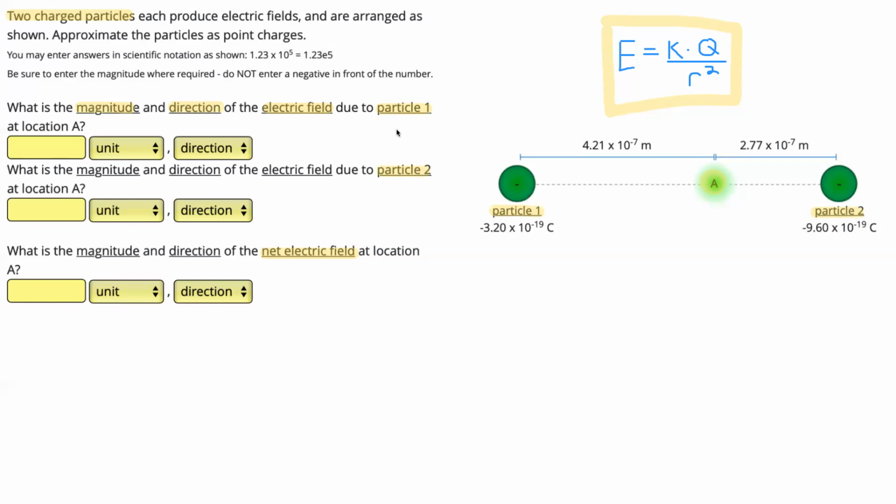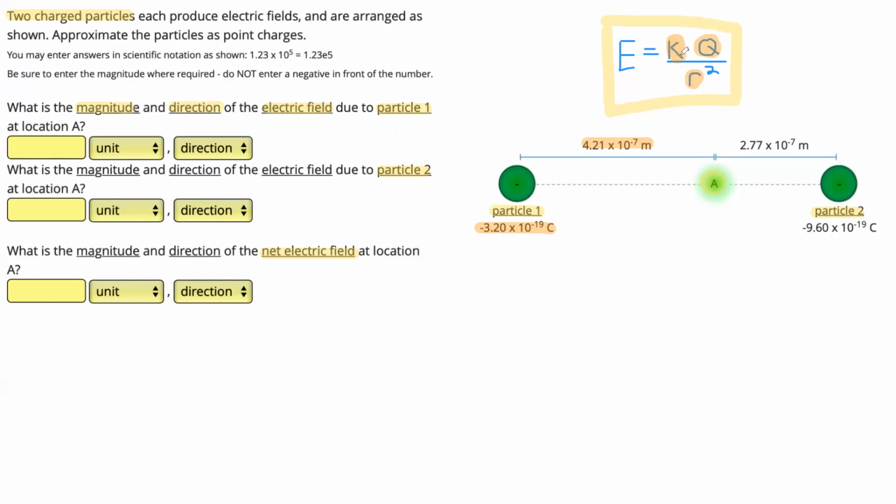So first we need to find the electric field at point A due to particle 1. So for that, we're going to be putting in our charge of particle 1 for our Q. We're going to be putting in our distance between particle 1 and location A for our R. And then K is going to be our constant, which is the same every time.